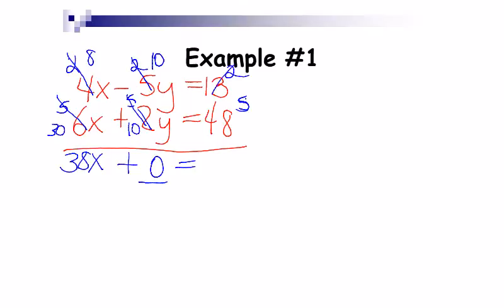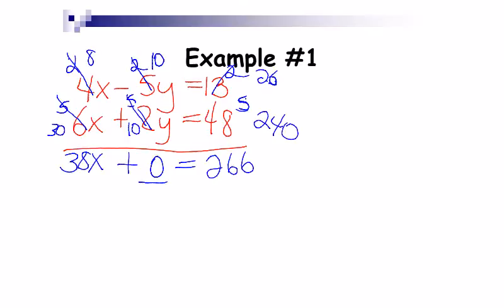The 13 is going to be 26. And I need to check what is 48 times 5. 240. Okay, which 240 plus 26 is going to be 266.